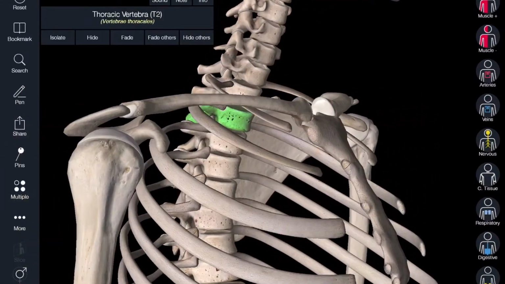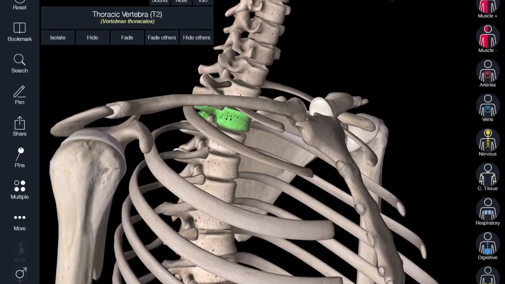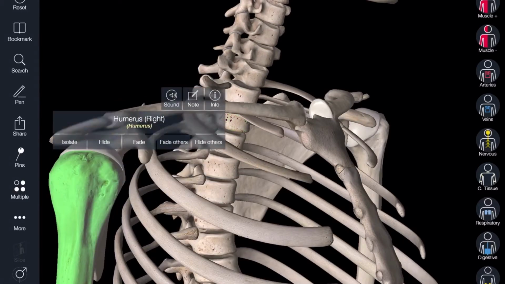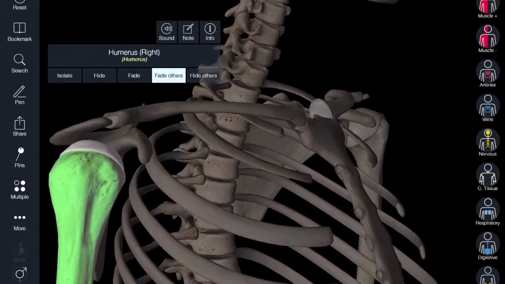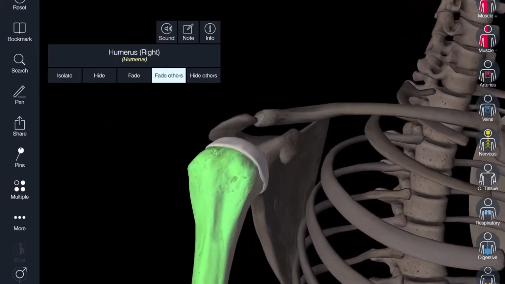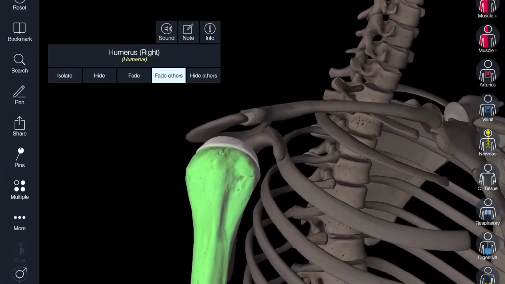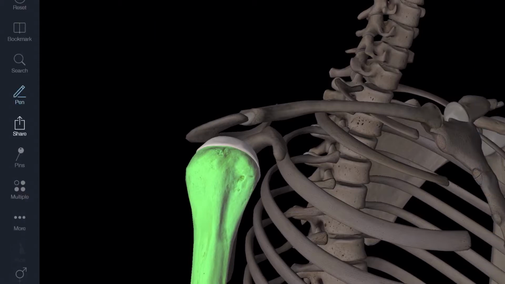Let's review the humerus just a little bit here. So here's the proximal end of the humerus. Let's light up the humerus. And remember those tubercles on the humerus, the greater tubercle and the lesser tubercle, right? Here is the greater tubercle. Here is the lesser tubercle.